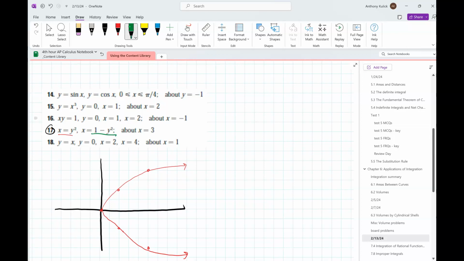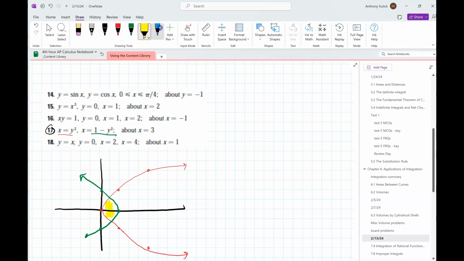If y is 0 is the one that I want, then x is 1, sorry. I'm so dumb. And then if y is 1 or negative 1, x should be 0, right? So we have that, and we're talking about this little region in here.